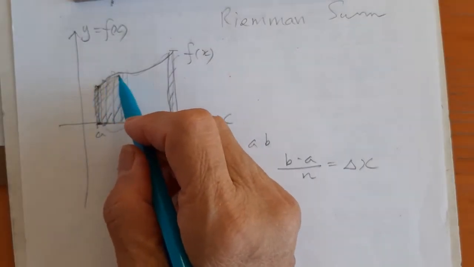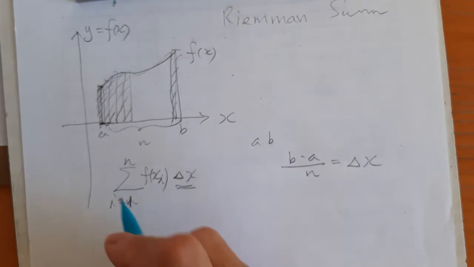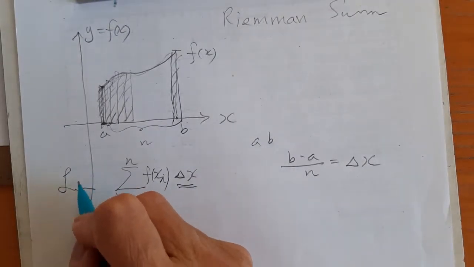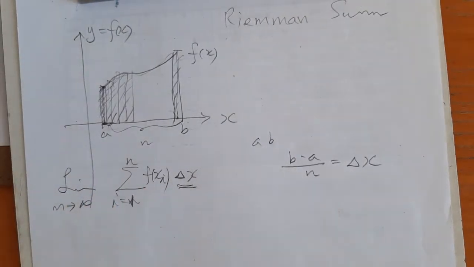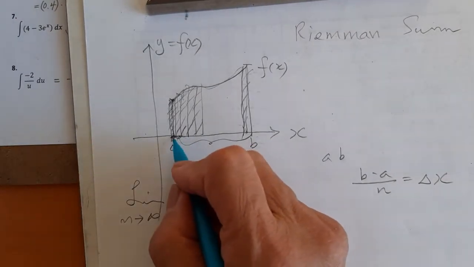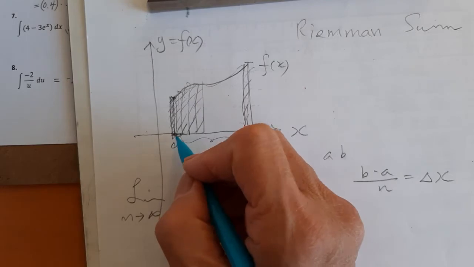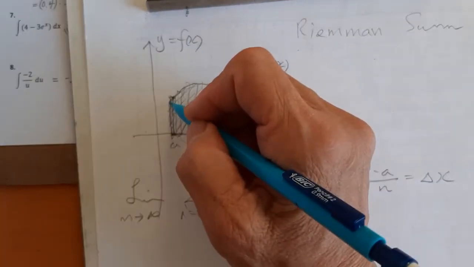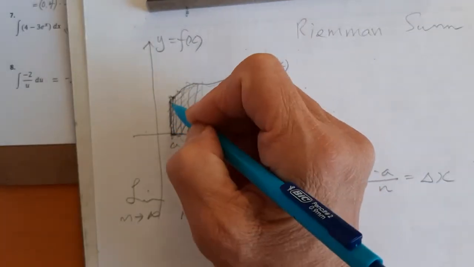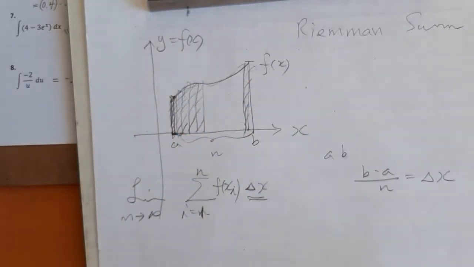Very close to the area when I say the limit when n goes to infinity, which is you partition into infinite intervals. So that becomes this height times the base.